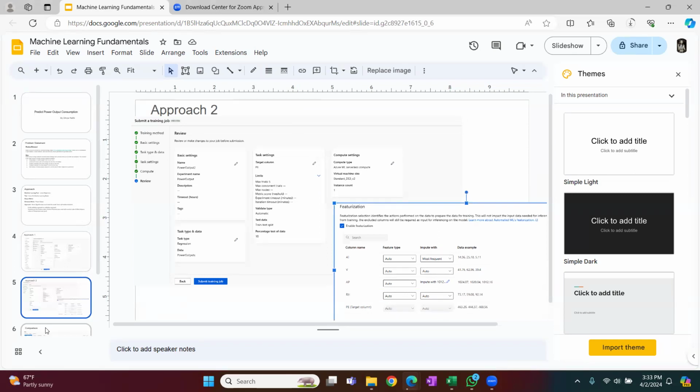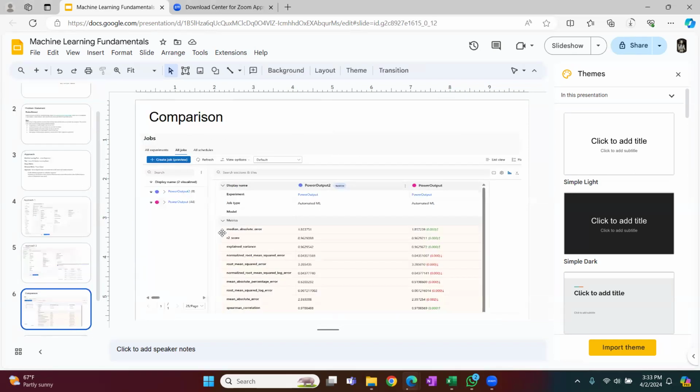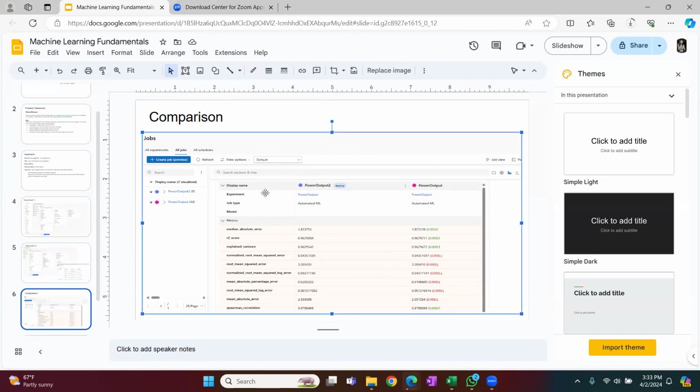Once the model was run in both these approaches, here is the list of the output generated by Azure Studio. Power output 2 is the one where I used the variations on the feature data, and power output is the one where we used the k-fold validation approach.